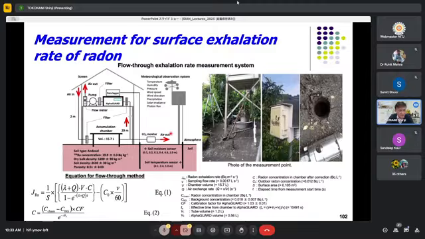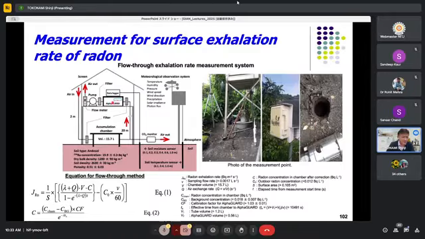I'd like to introduce our technique, that is flow-through acceleration rate measurement system. We use AlphaGuard. This is a pulse type ionization chamber.